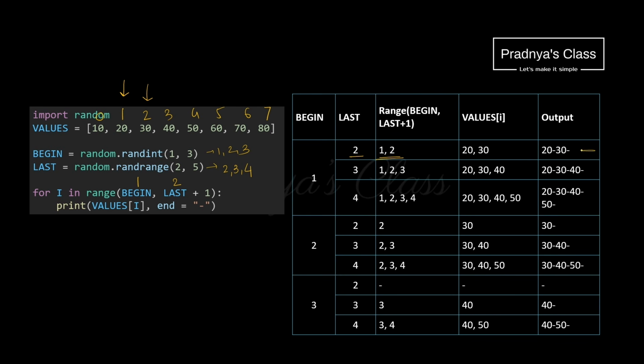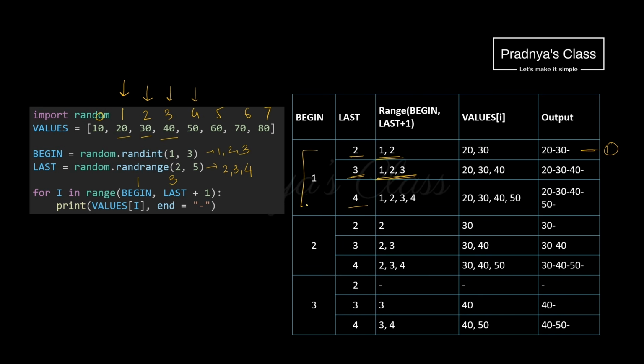In this way we got the first possible output. In this way we have to calculate: if the value of last is 3, the value of I will be 1, 2, 3. So 20 dash, 30 dash and 40 dash. If we consider the value of last as 4, we will be getting the values 1, 2, 3, 4. It means 20 dash, 30 dash, 40 dash and 50 dash.